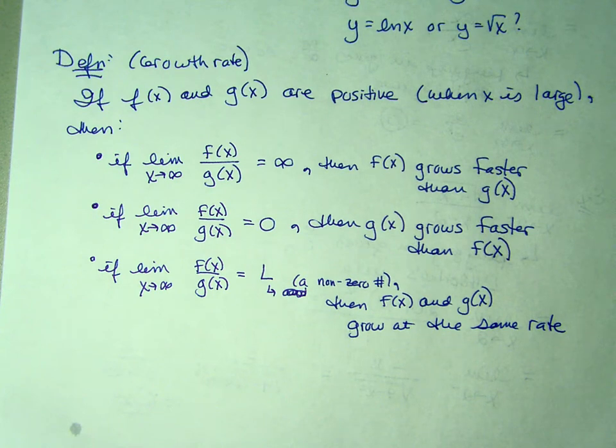What if it's 0? Well, it's not really going to be 0. It's going to be like some number over a really small positive, which will basically give us infinity. That's our first case.